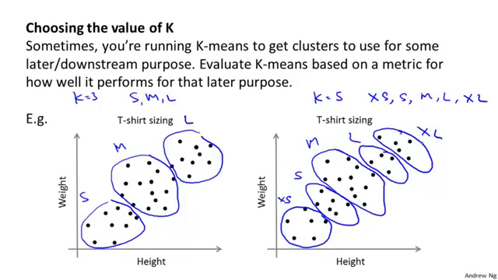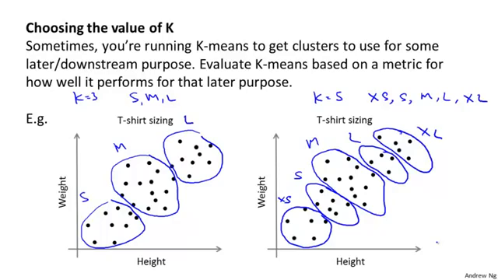And so it's the t-shirt selling business that might give you a way to decide between 3 clusters versus 5 clusters. So that gives you an example of how a later downstream purpose, like the problem of deciding what t-shirts to manufacture, can give you an evaluation metric for choosing the number of clusters.